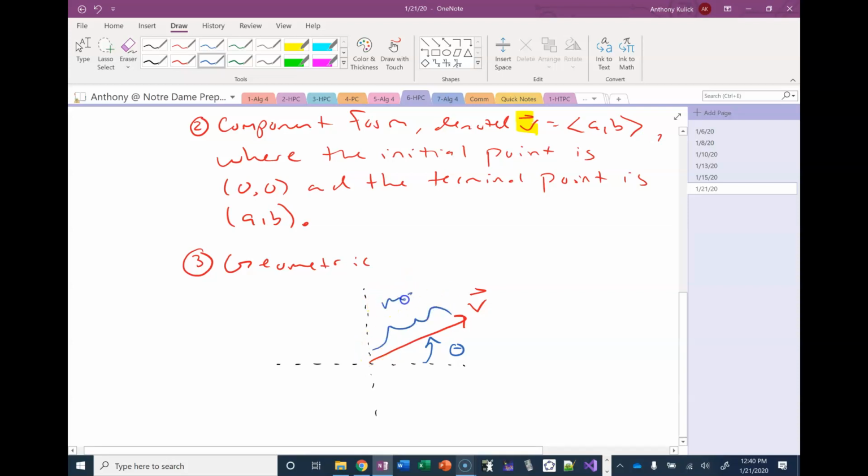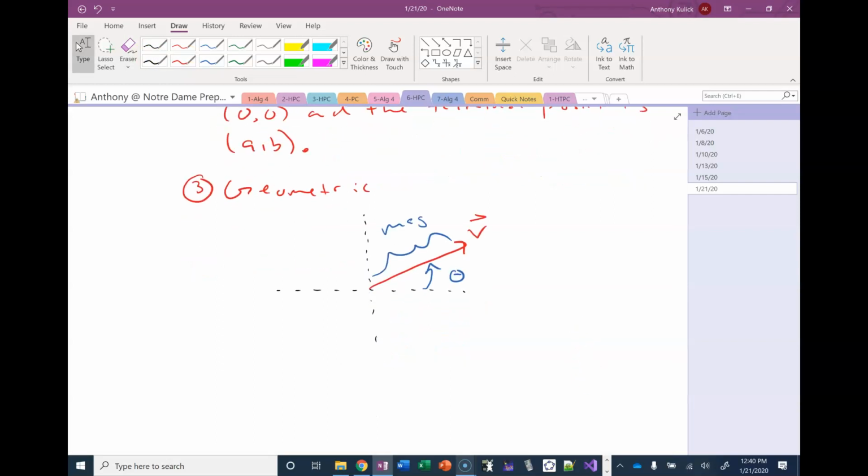And the magnitude for my vector is just the length of the line. Okay? So again, a picture can represent that same information because it gives you a direction and it gives you a magnitude, right?